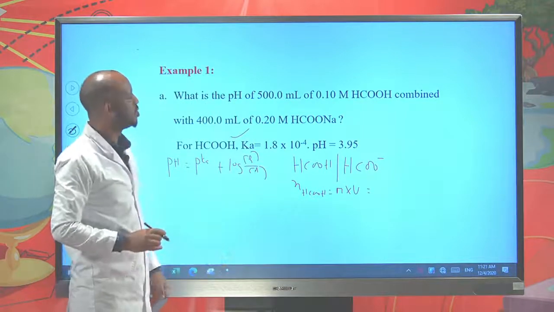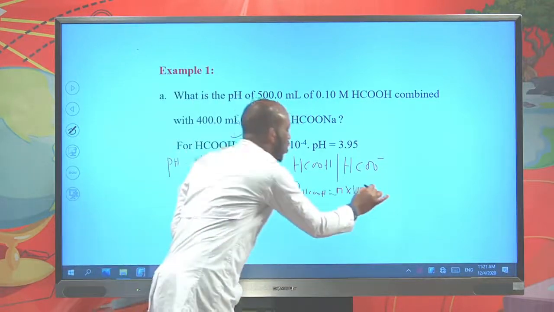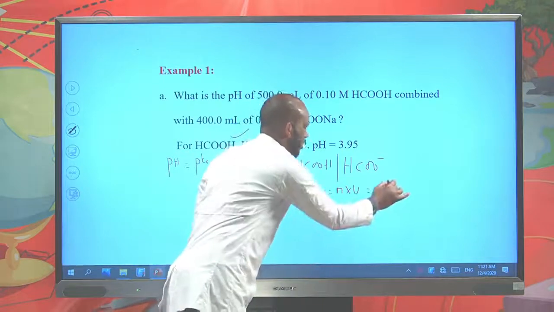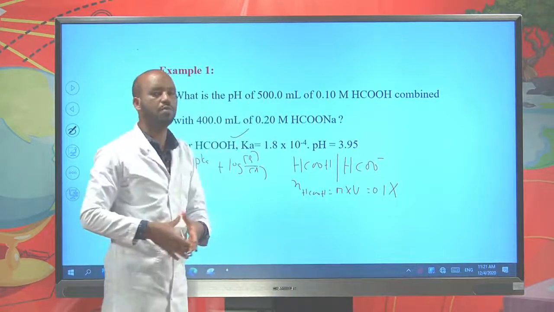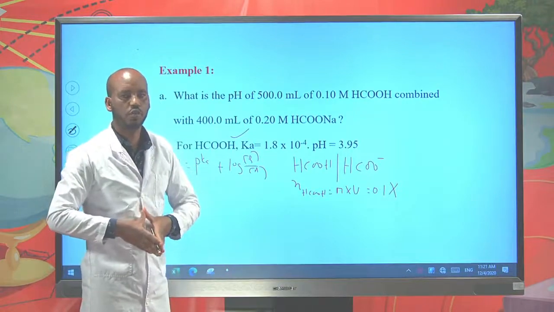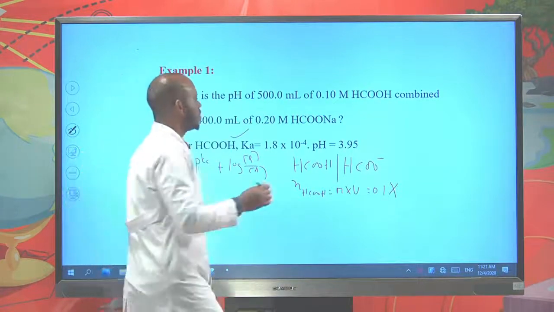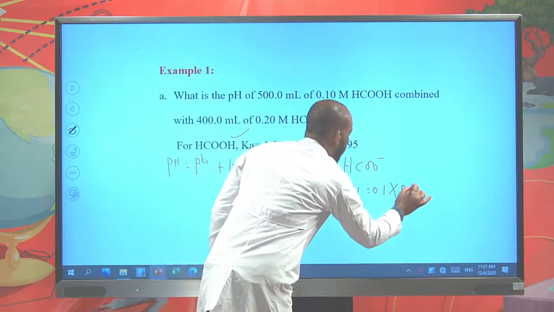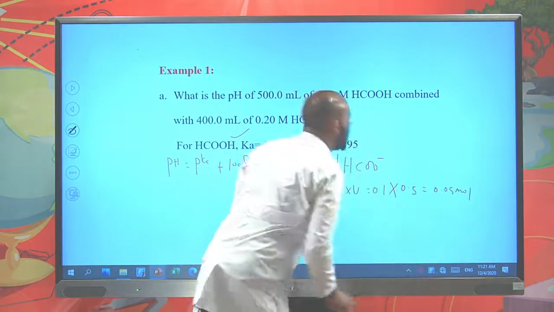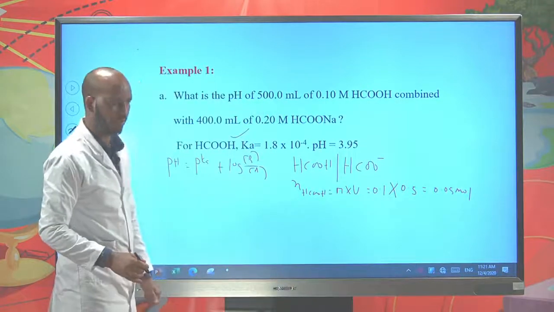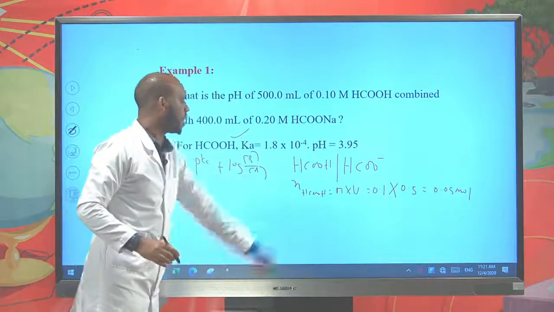Molarity of formic acid is 0.1 mole per liter times the volume of 500 milliliters. You have to convert it into liters, which is 0.5 liter. 0.1 times 0.5 equals 0.05 mole. This is the amount of formic acid.